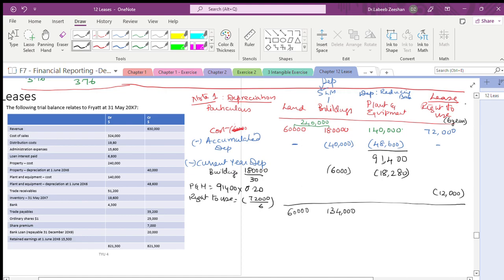Here I need a calculator. 91,400 minus 18,280. How much will you have? 73,120. And here, 72 minus 12, you will get 60,000.